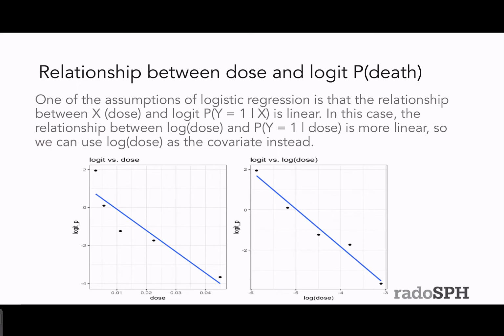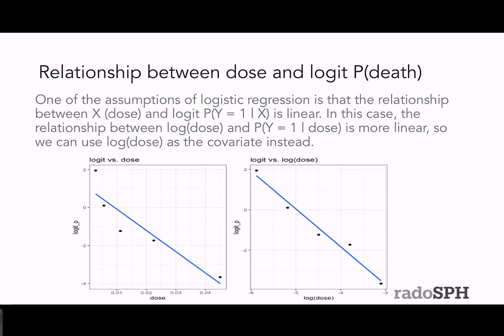And as an aside, one of the assumptions of logistic regression is that the relationship between the X, in this case dose, and the logit probability of Y equals 1, in this case the probability that the mouse died, is linear. So I actually calculated the logit of the proportion of the mice who died and plotted that against dose.